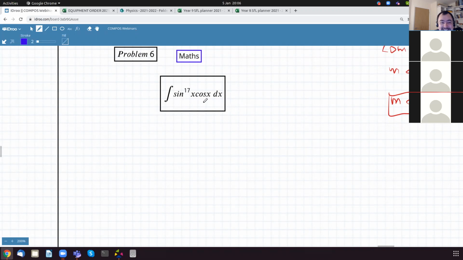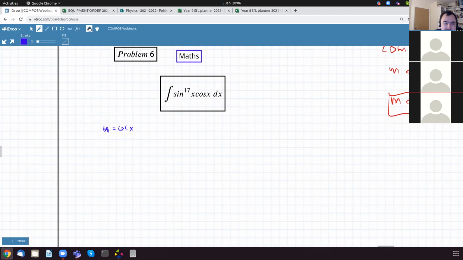So here, you have two options for the substitution, either sine x or cosine x. Now, imagine you said, I'm going to substitute cos x. But then you can't really describe this in simple terms of u.